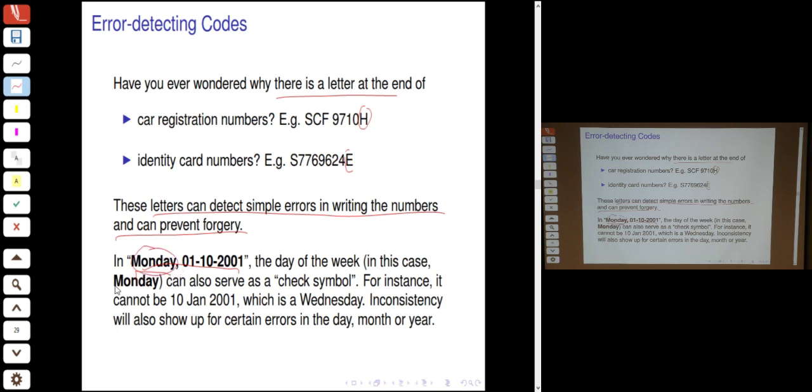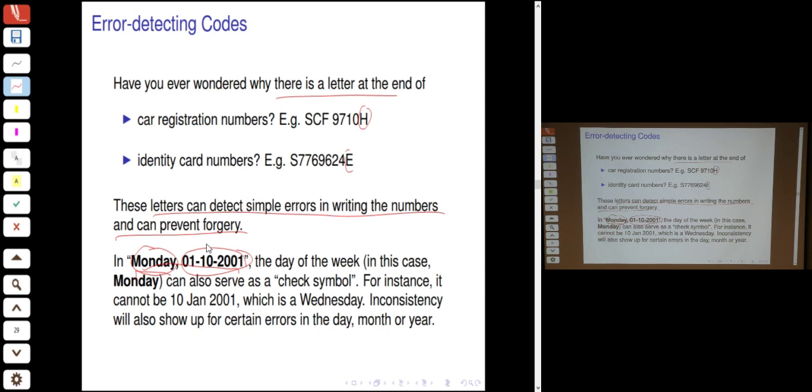The reason is that this date is a long sequence of numbers, so I might make an incidental error while typing it in. So, maybe I make a transposition error, so I interchange two adjacent digits, or maybe I make a single error, so I change one of the digits into what it was not originally.